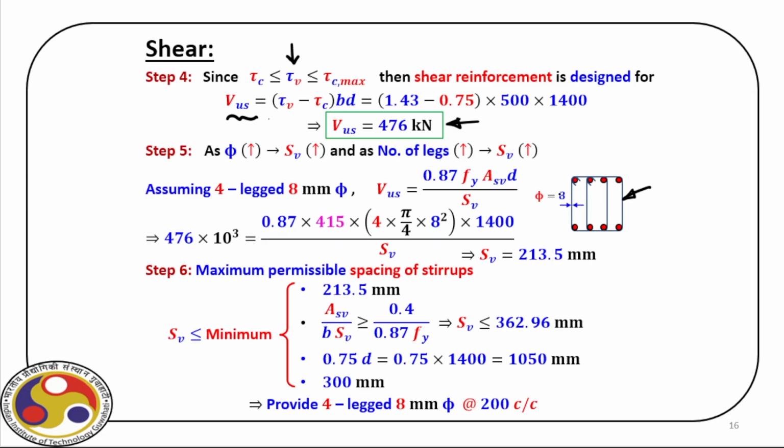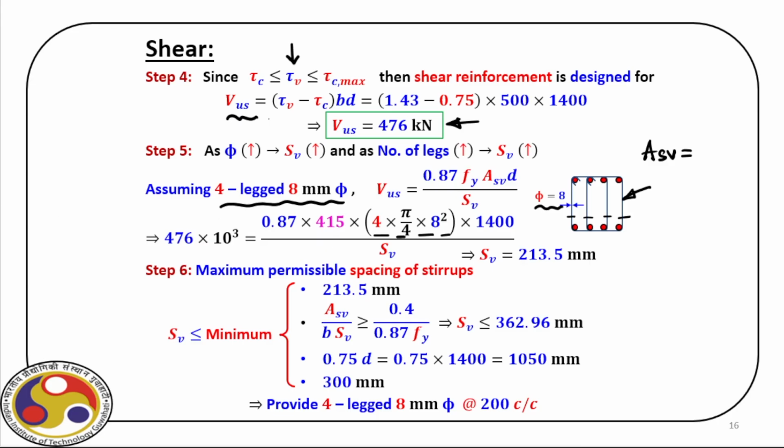Then let us design with 8 phi bar, as you can see, and we have 4 legs, 1, 2, 3, 4. So we have 4-legged 8 phi bar, and then we can calculate ASV because we have already selected this 4-legged 8 phi bar. And that you can see here. So we know ASV, we know Fy.